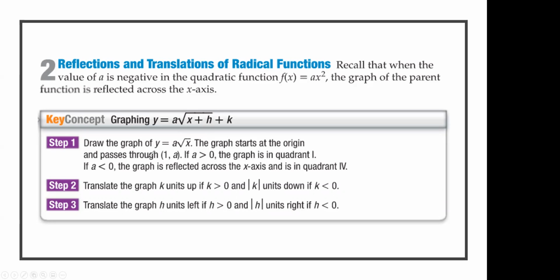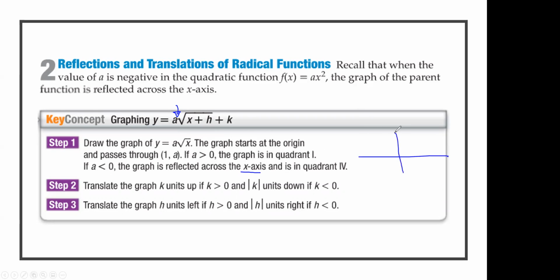The graph starts at the origin and passes through 1 over a. If a is greater than 0, the graph is in quadrant 1. Okay, so a is the value in front of the radical. If a is less than 0, the graph is reflected across the x-axis and is in quadrant 4.